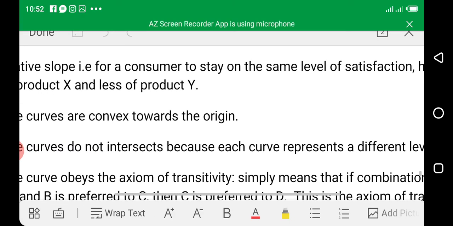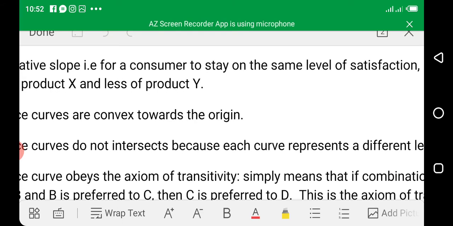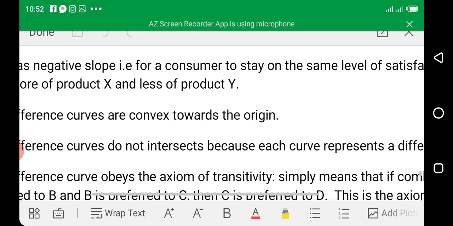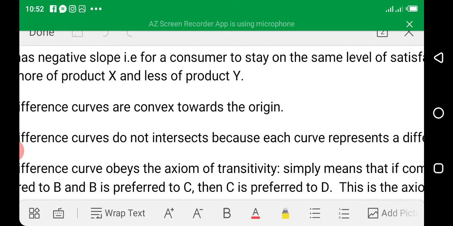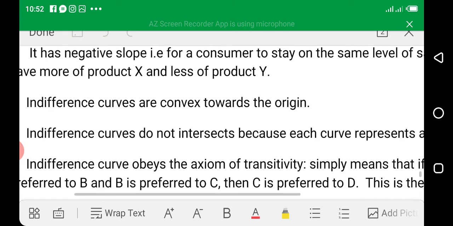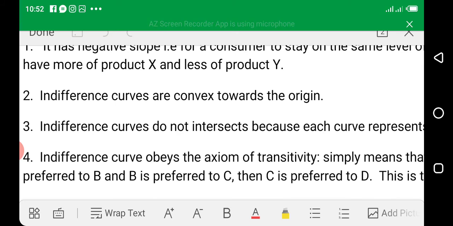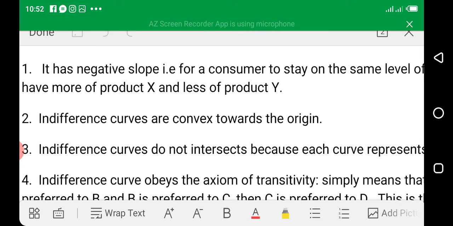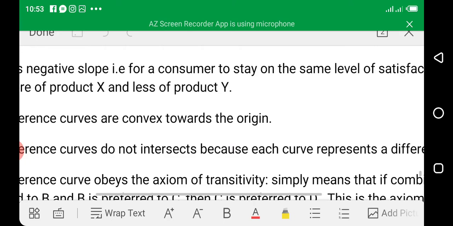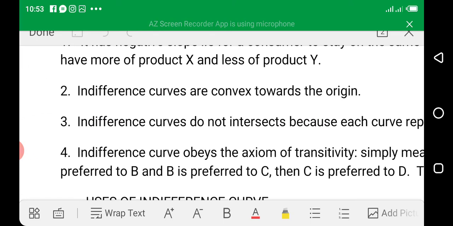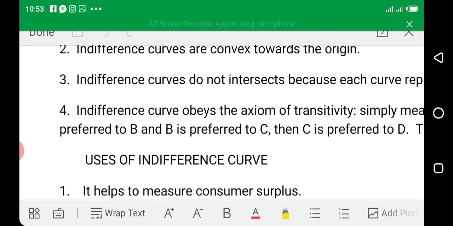A situation whereby more of egg is consumed and less of bread, the consumer may not likely get the same level of satisfaction. If it is, for example, beans and bread, more of bread will be consumed and less of beans in order to attain the same level of satisfaction. Then indifference curves are convex towards the origin.